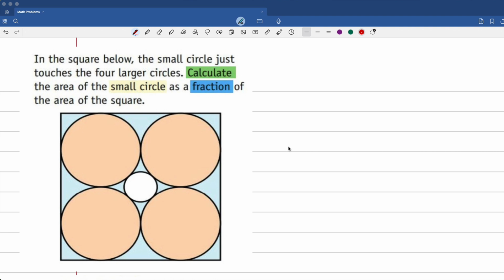Now this is a medium level Olympiad problem for typically say grade 8 to grade 10. It's not very straightforward. It's a strongly application based problem. There's no formula for you to just pop in and get the answer.